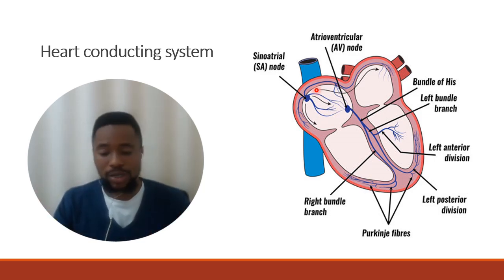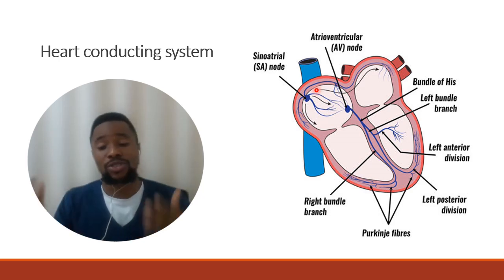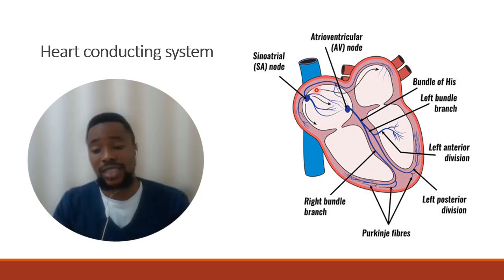There are so many conditions, I'm just giving examples. Now, when the heart rate is less than 60, we call this bradycardia. It could be sinus bradycardia, and it could mean some other things. So the fact that the heart rate is greater than 100, or lesser than 60, or between 60 to 100 doesn't make it sinus. That is the advantage of ECG. ECG helps us to spot an abnormal rhythm.